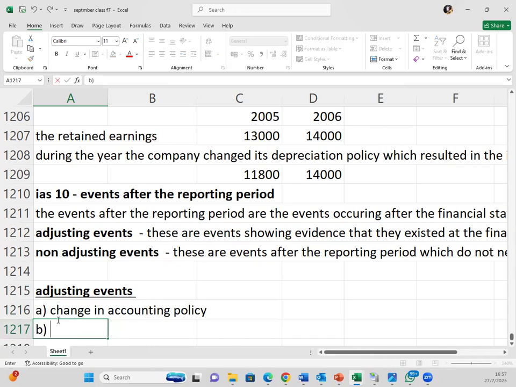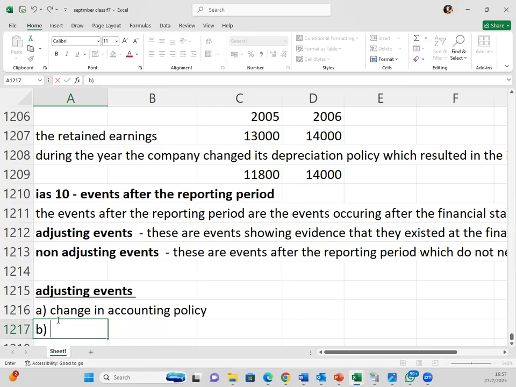and what else? So in the financial statements, we had recorded someone as a debtor or a receivable, but this person became bankrupt shortly after the year end. What are we supposed to be doing?